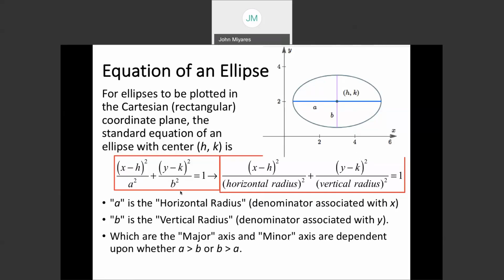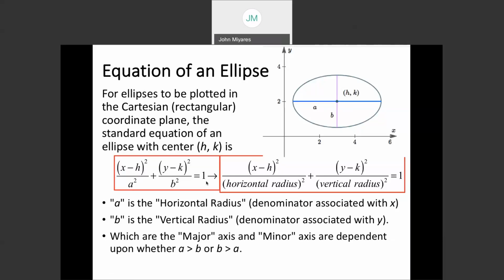Now, to simplify matters for most of you, we're going to just use this one formula to describe the ellipse, whether the major axis is horizontal or vertical. The textbook actually gives two equations because it wants the a value to not be the horizontal radius, but to be the length of the semi-major axis, and then the b value won't always be vertical, but would be the length of the semi-minor axis.